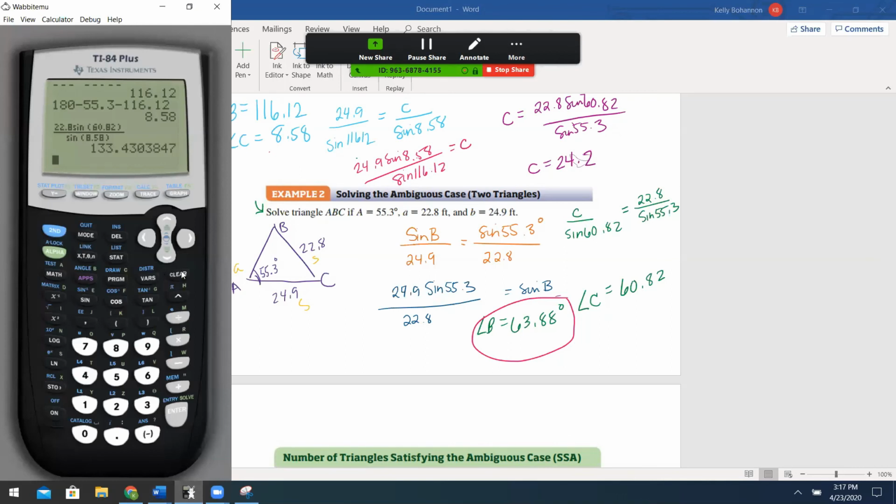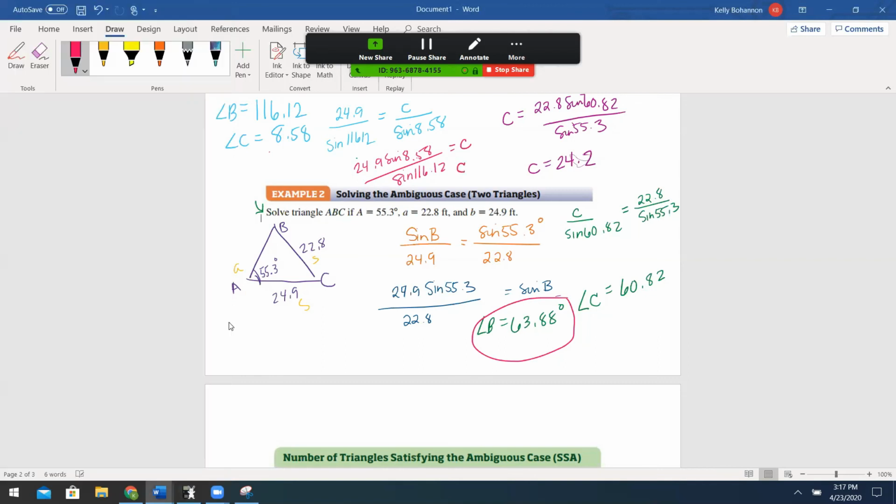So let's put that in the calculator. 24.9 sine 8.58 over sine 116.12, and that gives me 4.14.